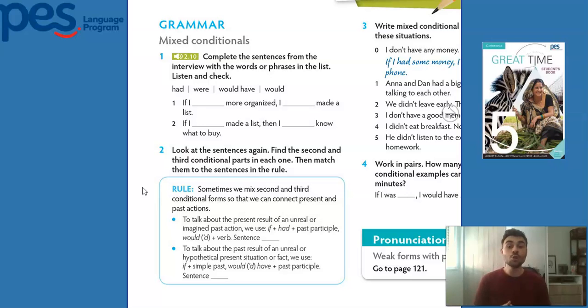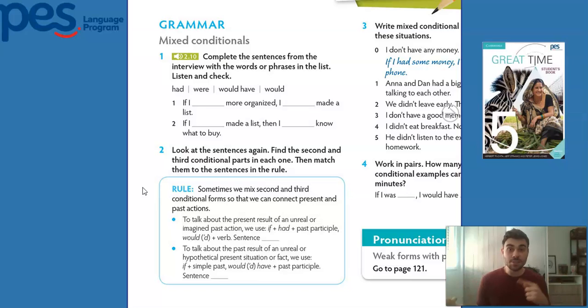So, to talk about the present result of an unreal or imagined past action, we use this structure. If plus had plus past participle, and then would, or just the apostrophe D, plus the verb, okay?